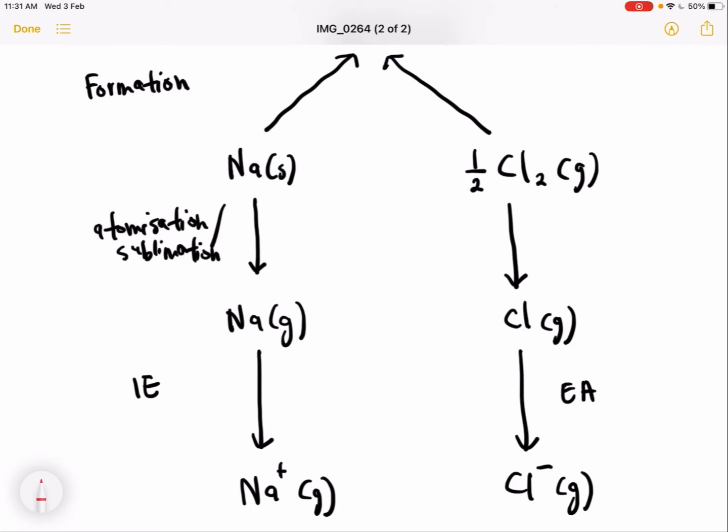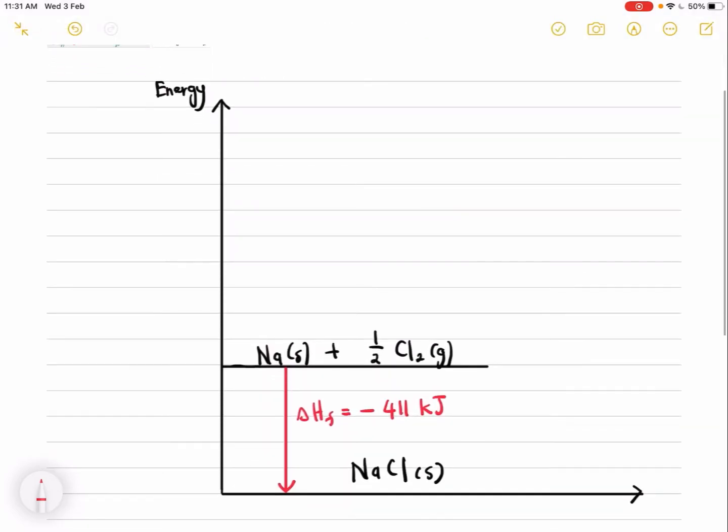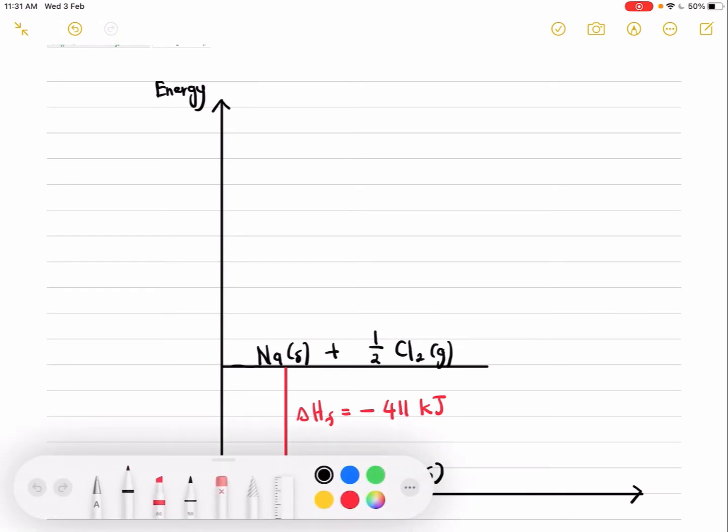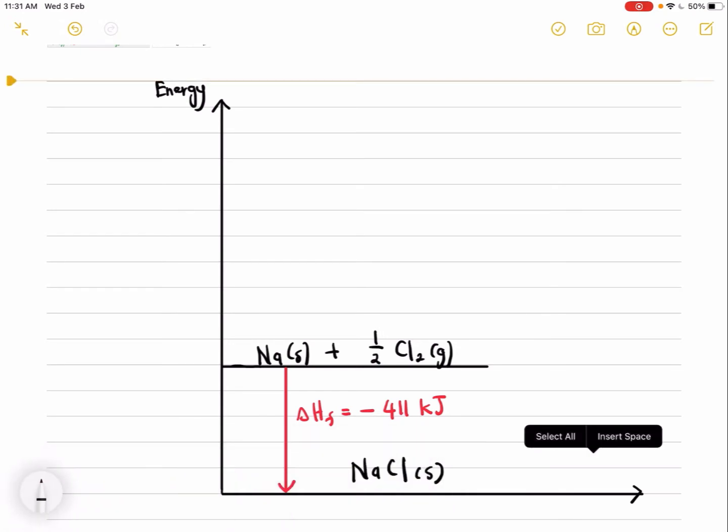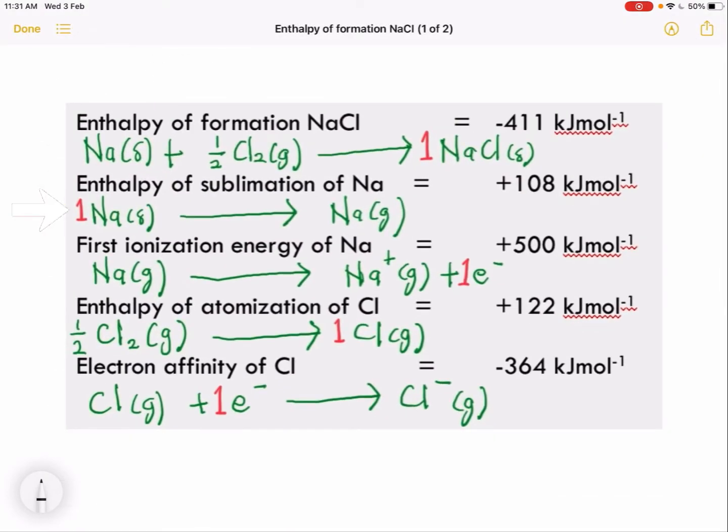So next, for both of the elements, you have to proceed with atomization or sublimation. Since we have two elements over here, you have to proceed with atomization and sublimation one by one. For example, I would like to start with sublimation of the sodium. According to the information over here, enthalpy of sublimation of sodium is 1 mole of sodium solid forming sodium gas, and the enthalpy value is positive.